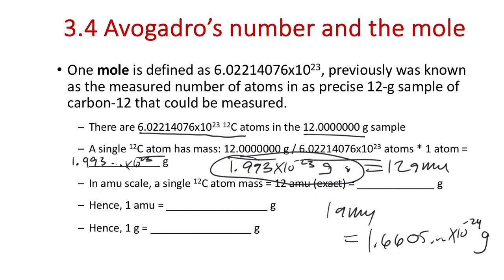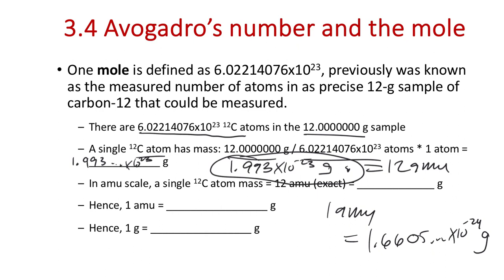If you invert that number, you get back to Avogadro's number. So 1 AMU is equal to that small number of grams, but a gram is equal to an Avogadro's number of AMU.